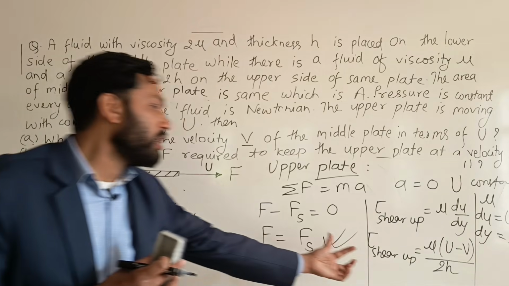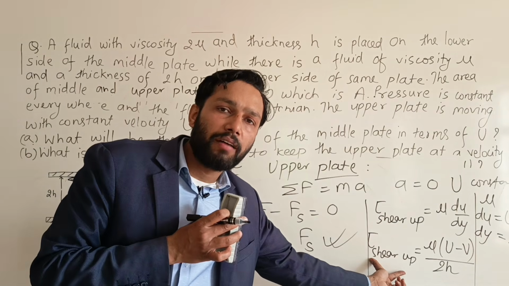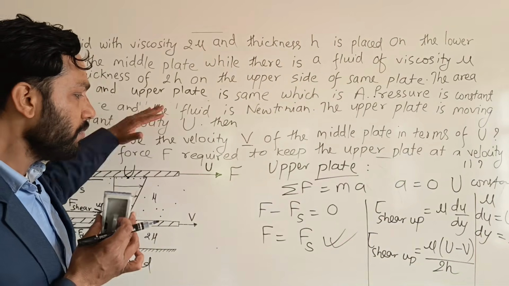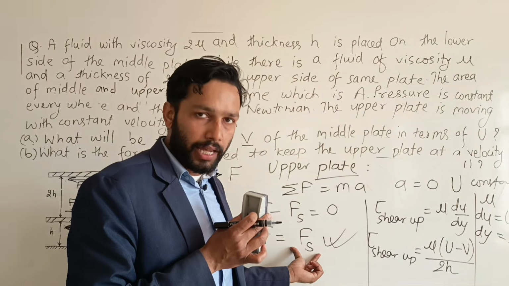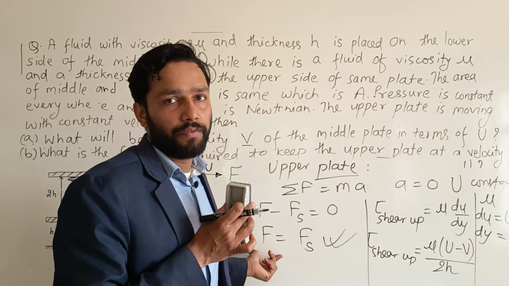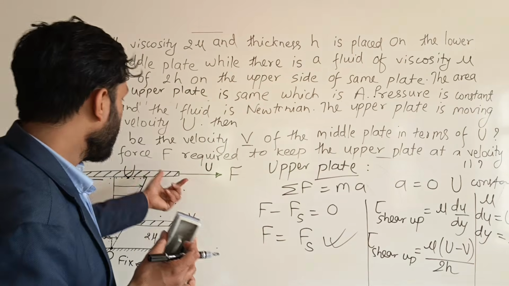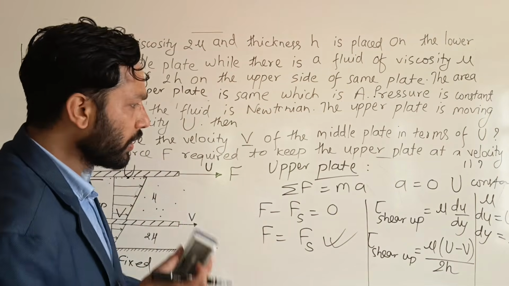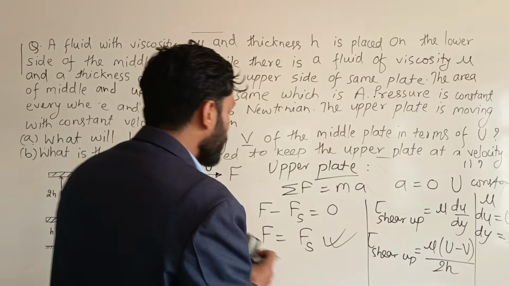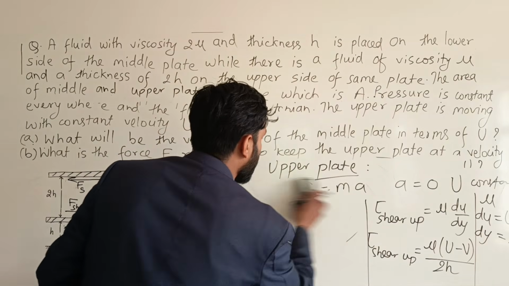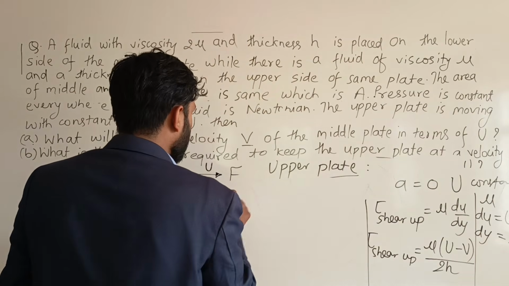If you multiply this tau by the area, because the area of both plates is the same, you are going to get Fs. So Fs is equal to F finally, by applying Newton's second law. Now let's get Fs. We are staying on the upper portion.